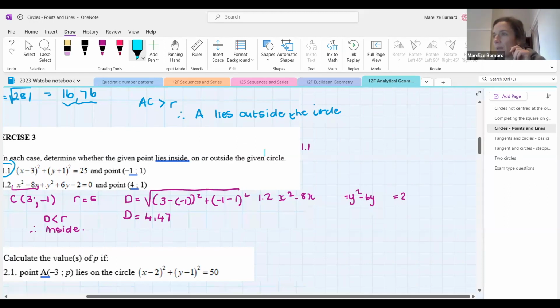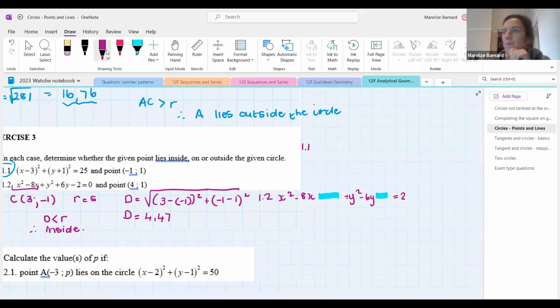So where I'm going to complete the square, I'm just going to put this highlight here. When we complete the square, we look at the -8 that's in front of the x, and we add half of what is in front of it. So it's half of -8, which is -4 squared.